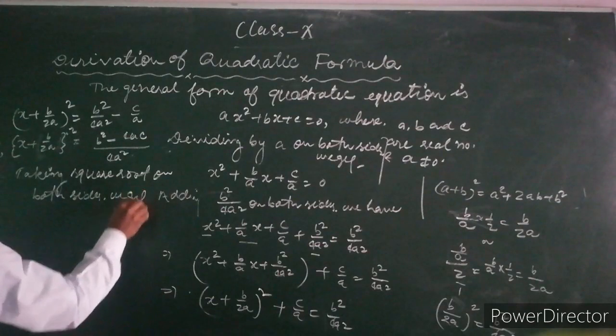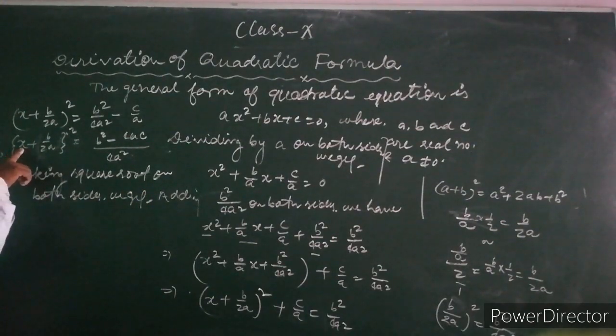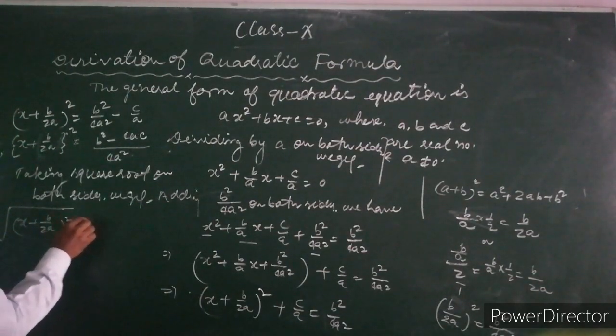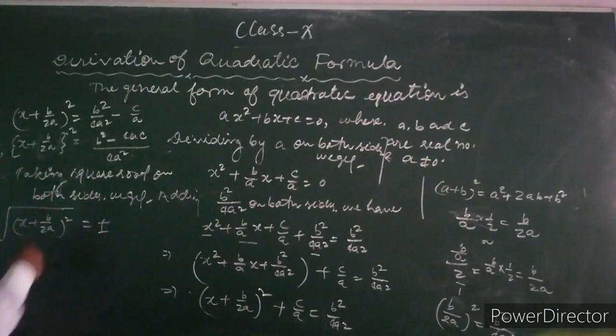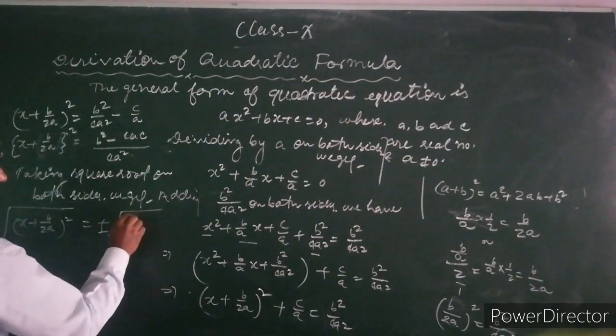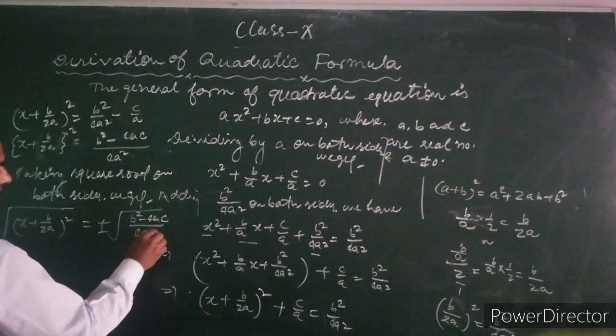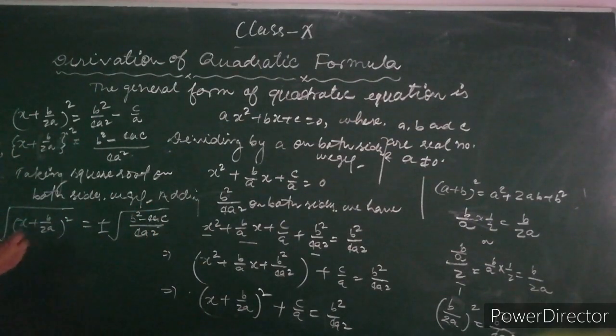We get the square root of (x + b/2a) whole square, equal to plus minus, on both sides, under root (b² − 4ac)/4a². Clear? Now this square and under root cancel.